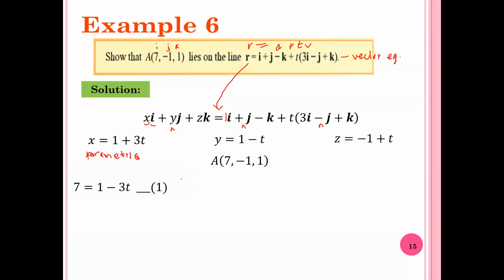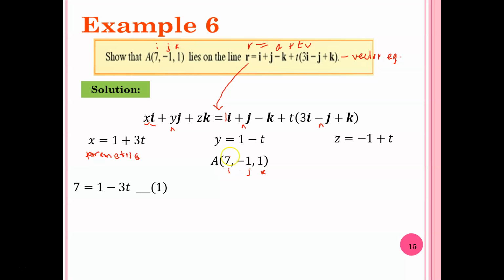So when you have point, dekat sini extra sikit lah question dia sebab dia ada mention about a point. There is a point there, point A. So this point A, you can actually write it down in terms of 7 because this is I, this is J, and this is K, right?